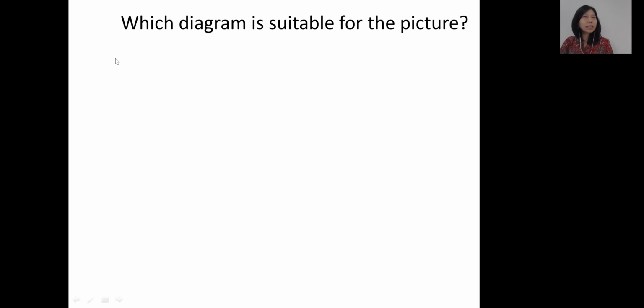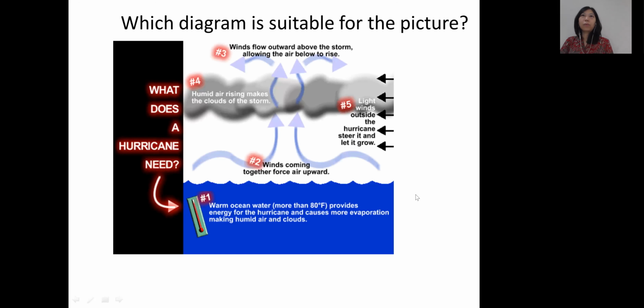Okay, so now this is a practice for all of us. Which diagram is suitable for the picture? Here you go. You have this picture. What does a hurricane need? That means how a hurricane forms. You have 1, 2, 3, 4, 5. Now, the diagram that suits this is a linear flow diagram. How so? Because in order for a hurricane to form, it needs steps.